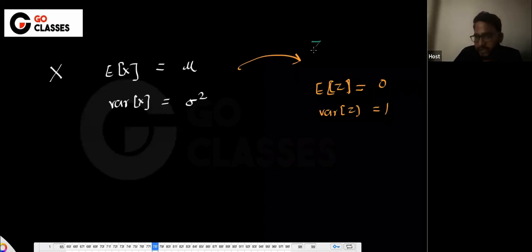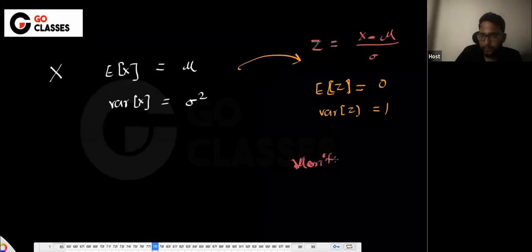You can just define this Z in terms of X. Can anyone tell me what should be the answer? Z equal to X minus mu upon sigma, right? X minus mu upon sigma. Just verify it. Verify the expectation of Z and variance of Z. It should come out to be 0 and 1.